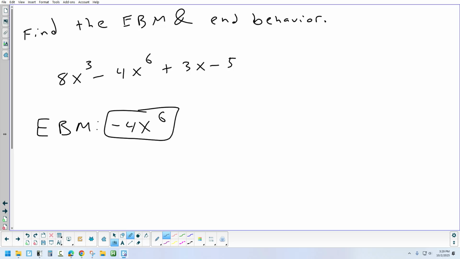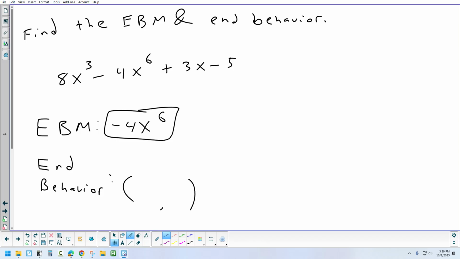Now I want to know the actual end behavior. For that, you're going to look at the model, and there's 2 things we have to look at, and those together are going to tell us the directions this one's going to go. Anybody know the direction that the ends of this polynomial are going to be facing?